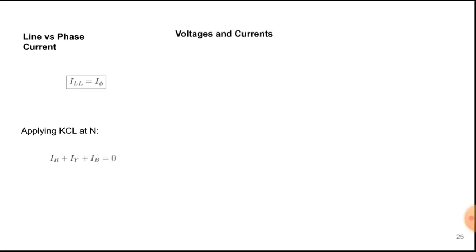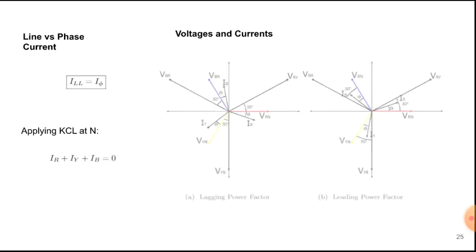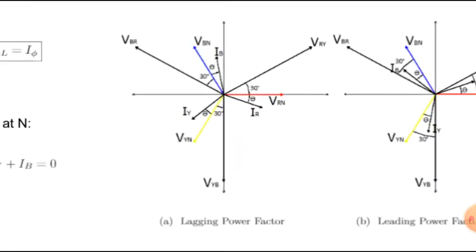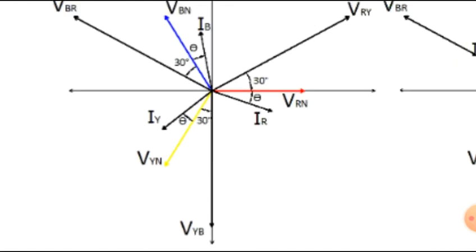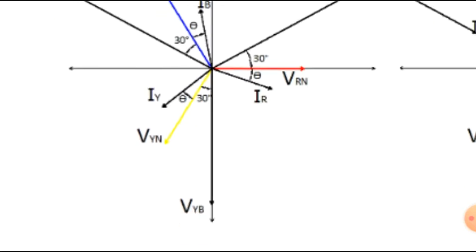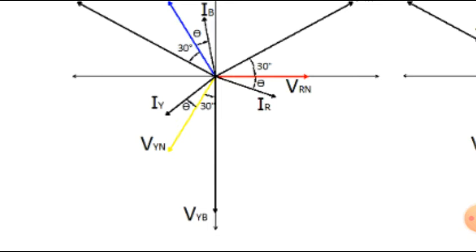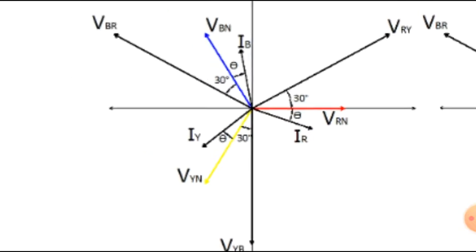So if we combine the voltage and the currents, this will be our picture diagram. For a lagging power factor, the current lags the voltage by theta degrees. So here, what we see is the angle between VRN and IR is theta.